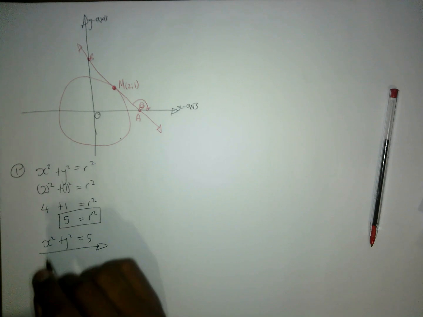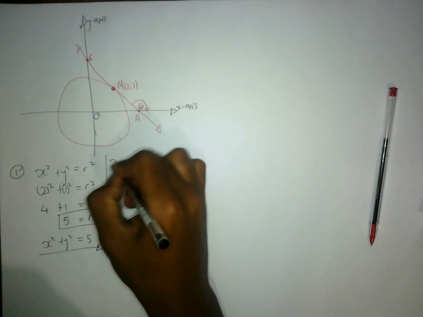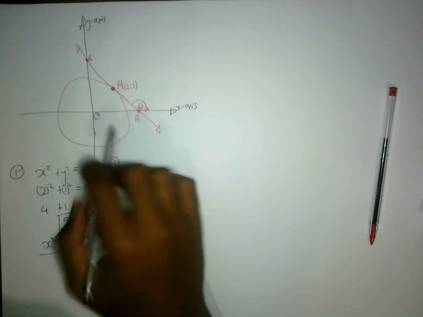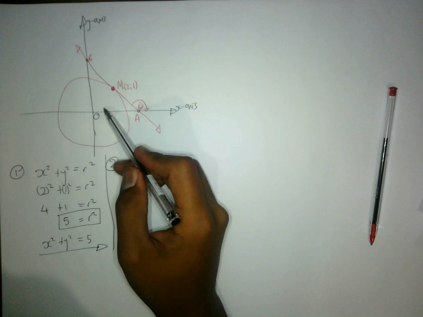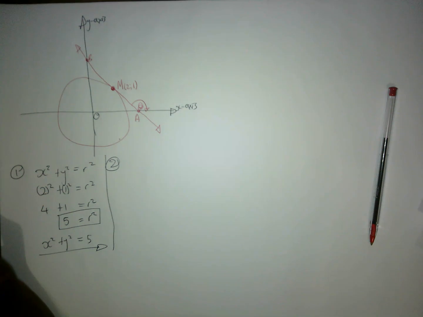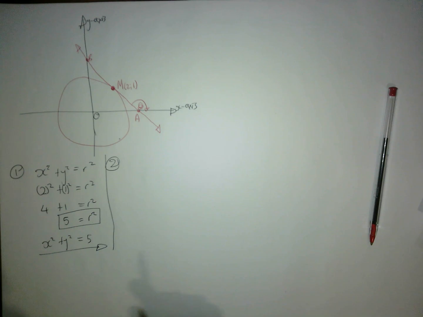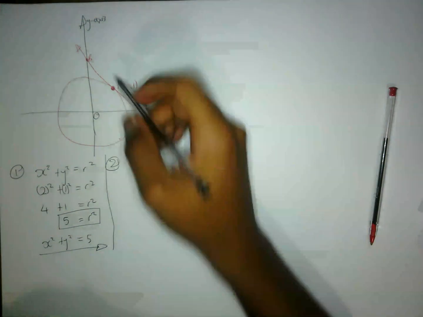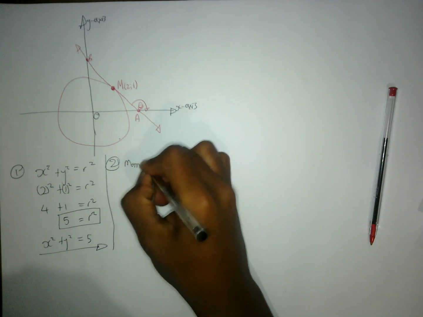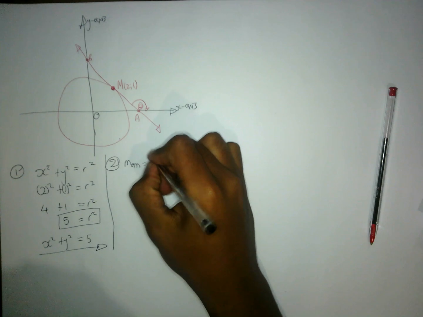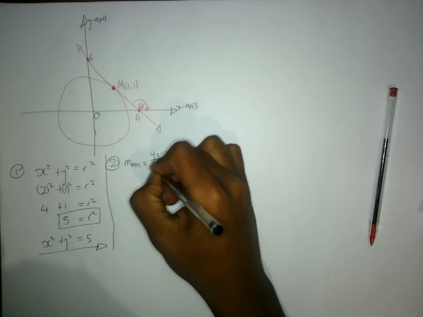Okay, they carry on and ask for the gradient of OM. This is very straightforward. Okay, so OM: y2 minus y1 over x2 minus x1.